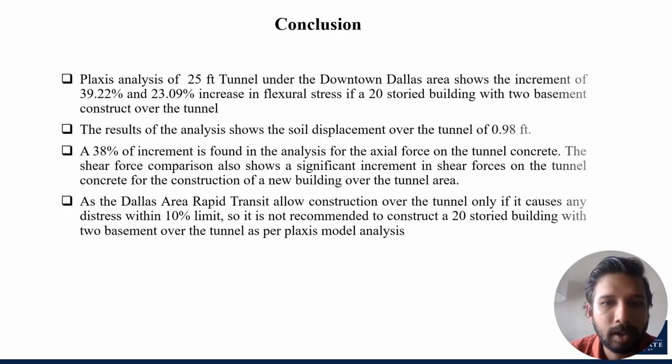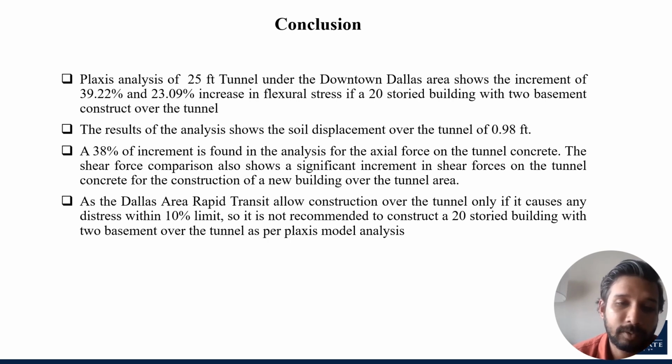And last of all, the project was about a tunnel that went under the downtown Dallas area. A 25.5 feet tunnel diameter was given. Dallas Area Rapid Transit allows construction over the tunnel only if it causes no more than 10% distress in axial force, shear force and flexural stress.